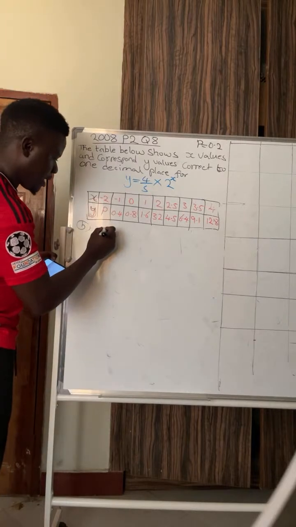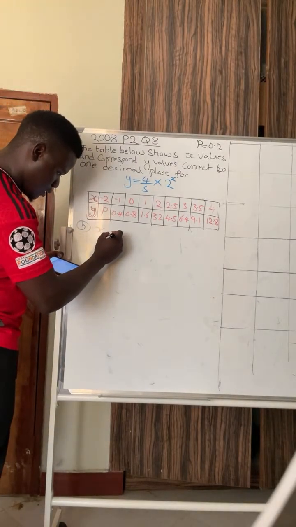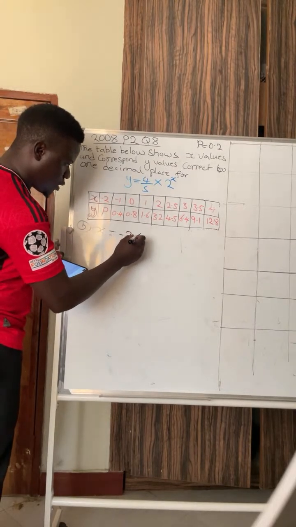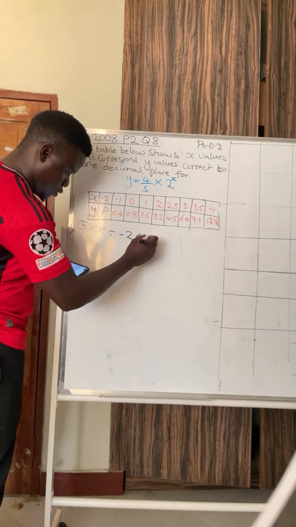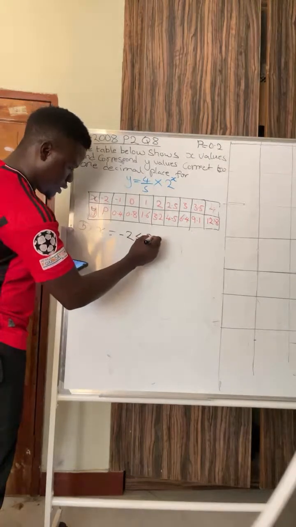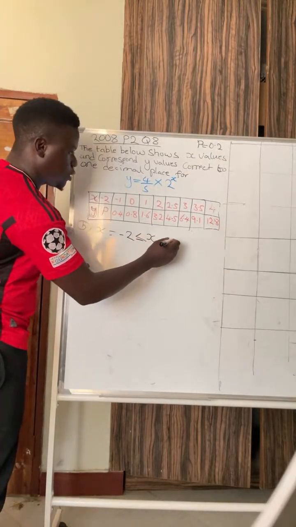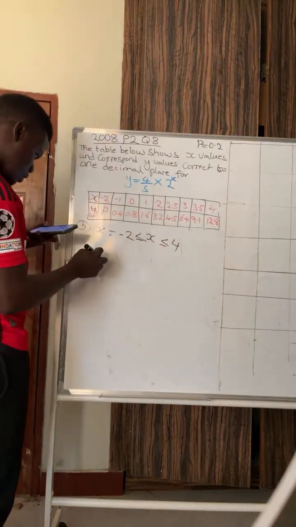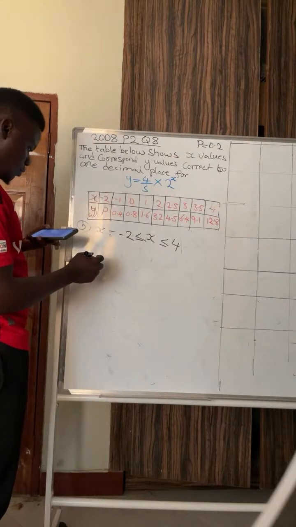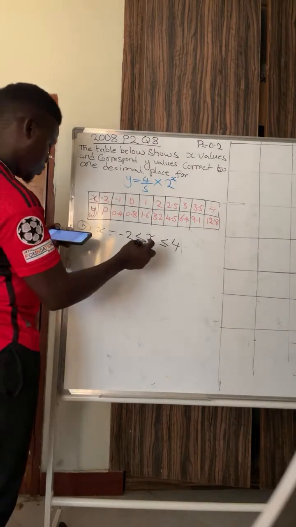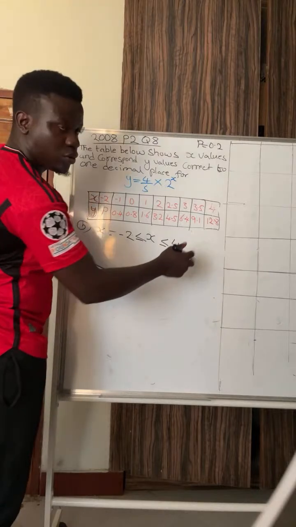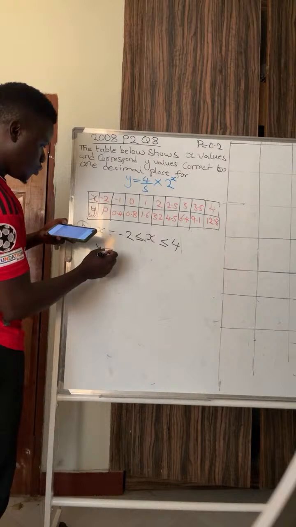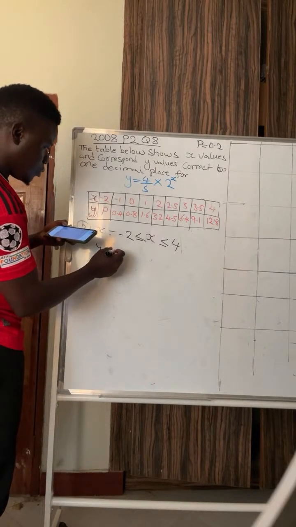They are saying the x-axis should be -2 less than or equal to x less than or equal to 4. Then in y, we are using a scale of 2 centimeters to represent 2 units.